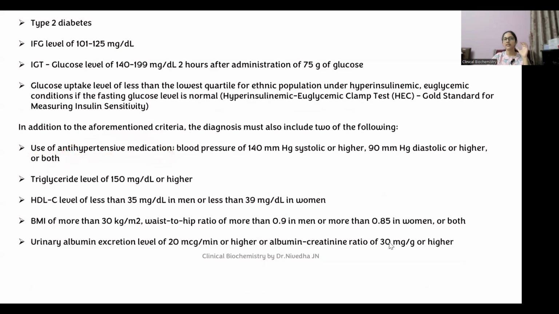Next is triglyceride level more than or equal to 150 milligram per deciliter. Then HDL cholesterol less than 35 in men, less than 39 in women. In NCEP we take waist circumference, but here in WHO criteria they take BMI more than 30 kg per meter square, or waist to hip ratio more than 0.9 in men, 0.85 in women, or both.